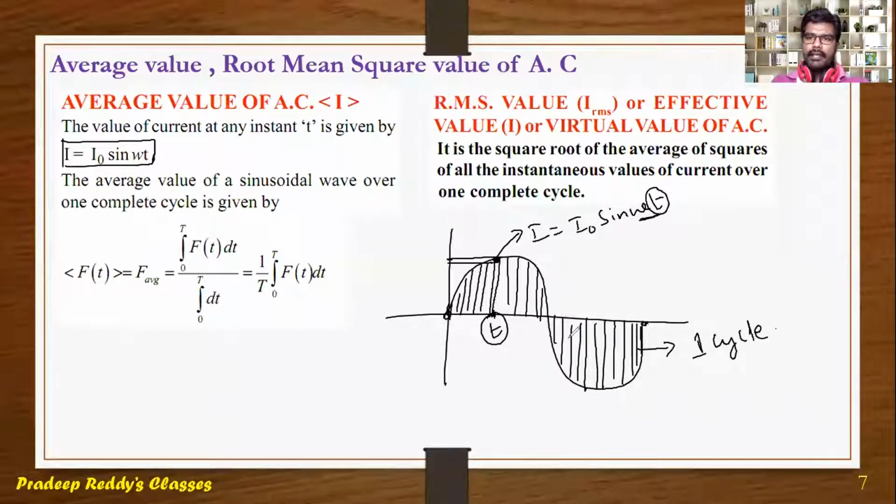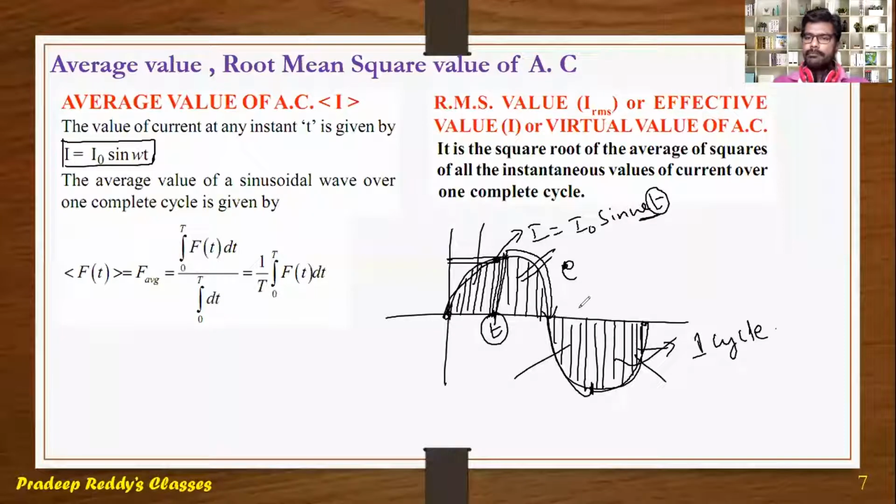But when you are calculating the average value, see here, in the first quarter cycle, the I value is positive, increasing. In the next quarter cycle, the I value is decreasing. Next quarter cycle, it is negative increasing, and the next negative decreasing. So what is the average of this and this? It becomes 0. What is the average of this total and this total?